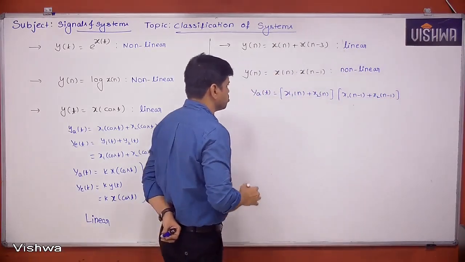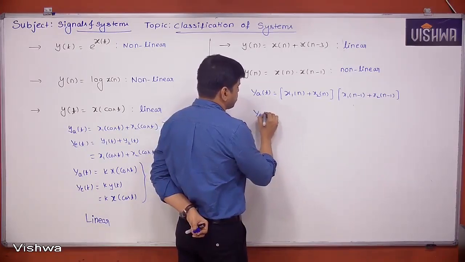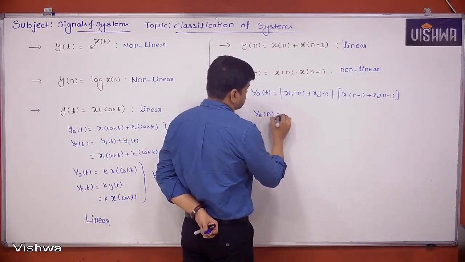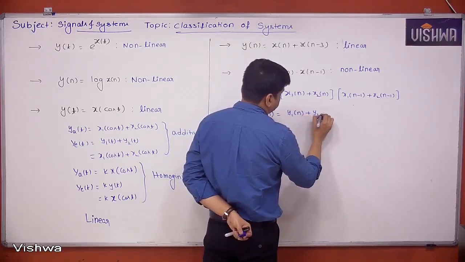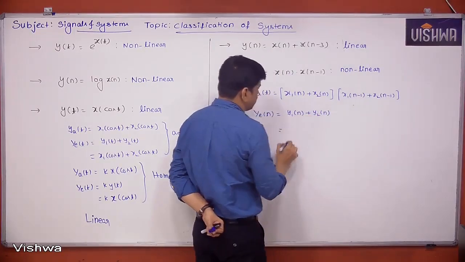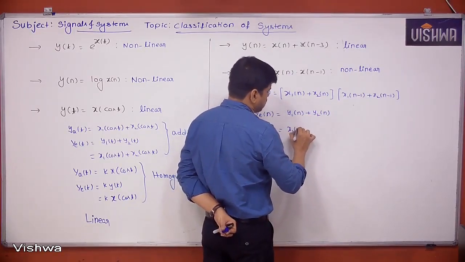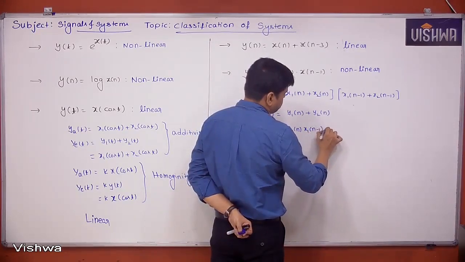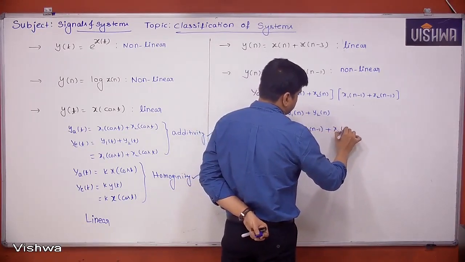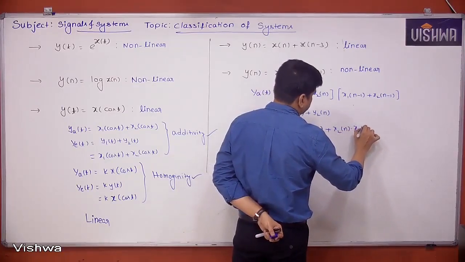So this is the actual output we got. But what is the expected output? Which is y1 of n plus y2 of n, which is nothing but x1 of n into x1 of n minus 1 plus x2 of n into x2 of n minus 1.